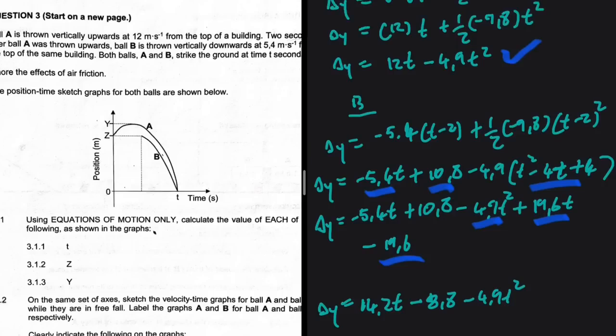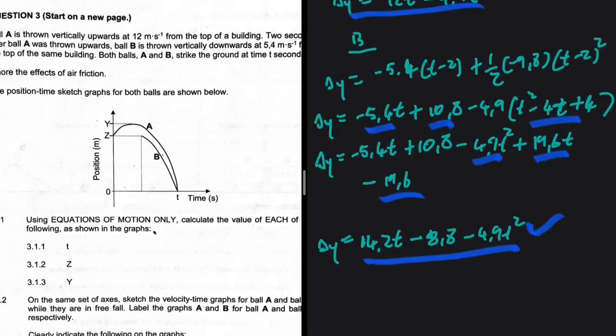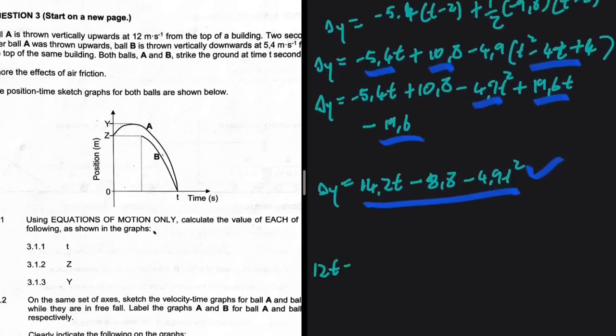So we can equate these two things, because they are both equal to delta y. So 12t minus 4.9t squared is equal to minus 4.9t squared plus 14.2t minus 8.8.